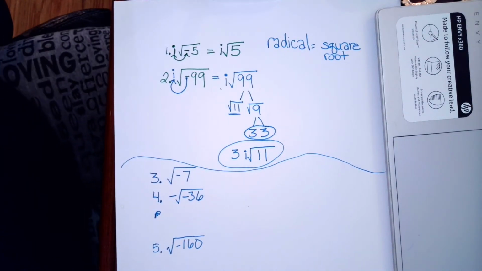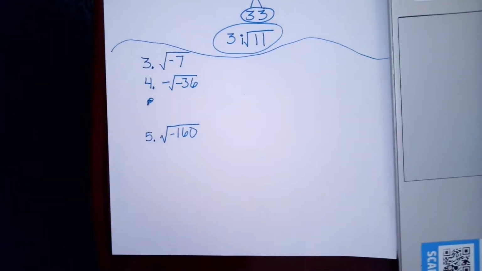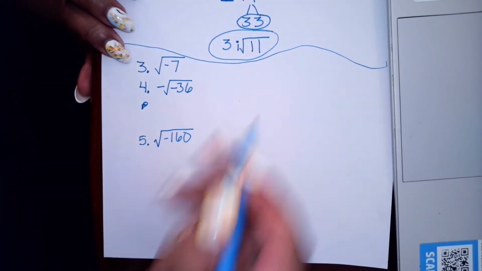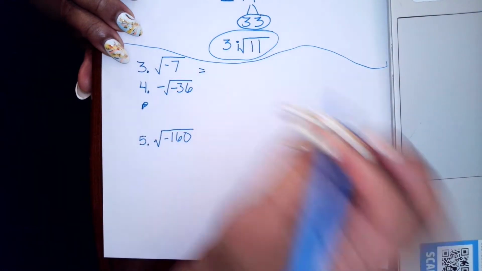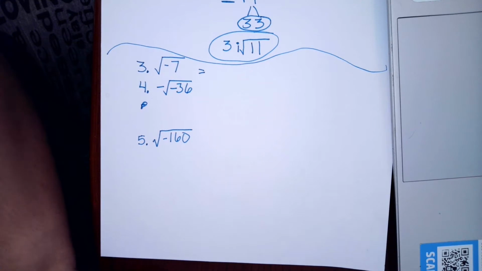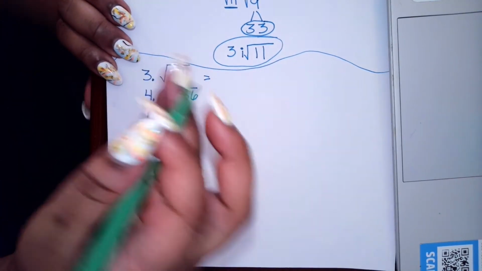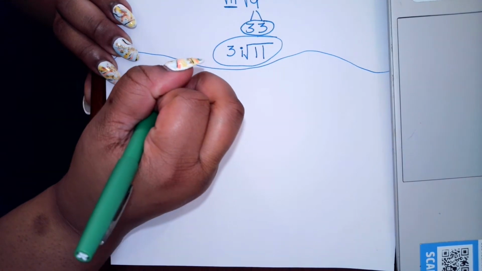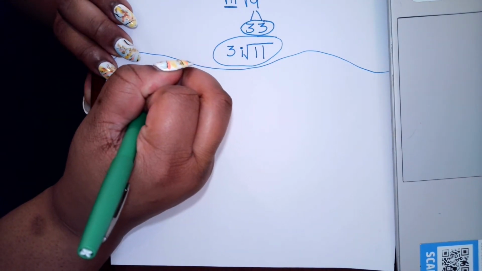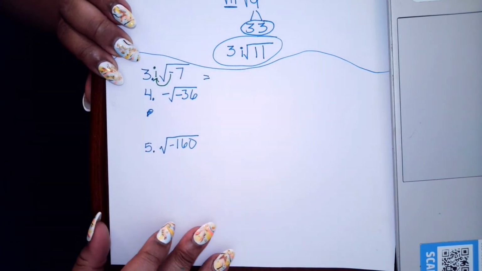Okay, so our first problem is the square root of -7. With this, we are going to immediately go ahead and get rid of that negative. So in order to do that, again, we're going to move this, flip it to the side, change it to an i, and put it on the outside of the radical.